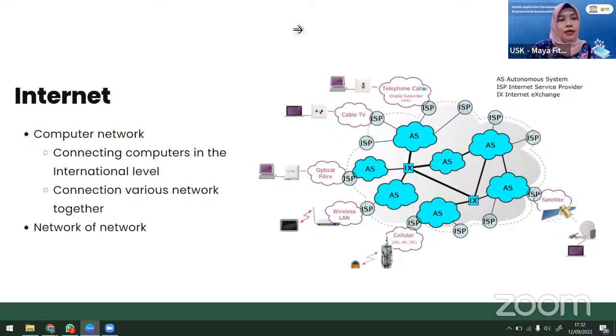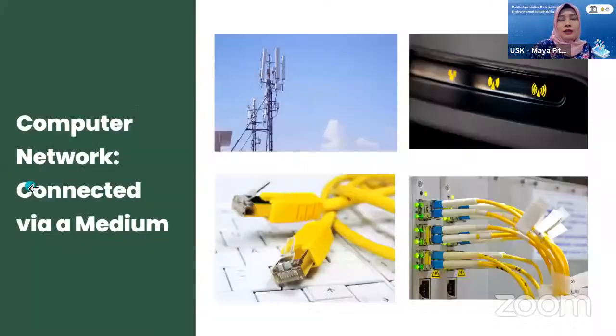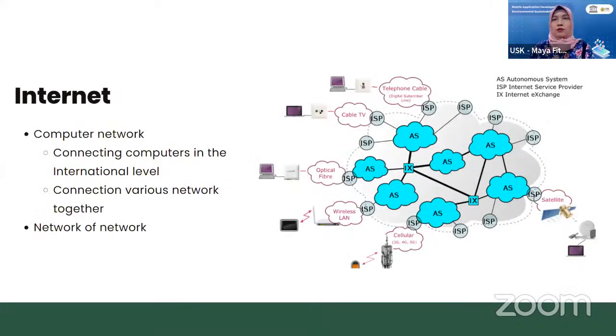Okay, we have already learned about the computer network. To sum up, a computer network is an interconnection of computing devices that exchange data and communicate with each other through the network. Now we move on to the internet. The internet is the interconnection of computer networks.